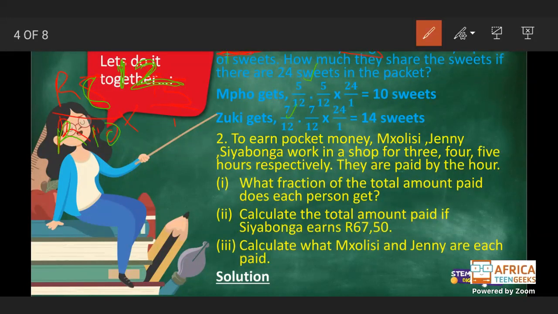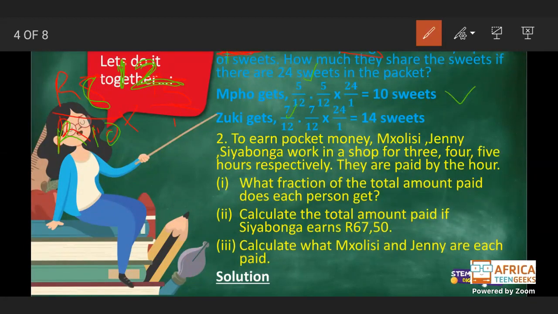So now let's see how much each person will receive. How many sweets will each person receive? For example, Mpo will say 5 over 12 multiplied by 24 over 1, and Mpo will receive 10 sweets, right? And Zuki, now let's calculate the fraction for Zuki. How many sweets will she get?